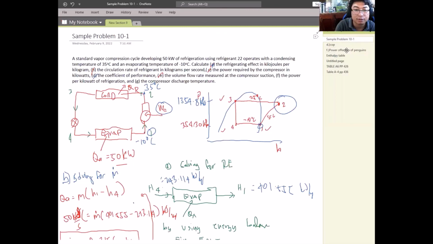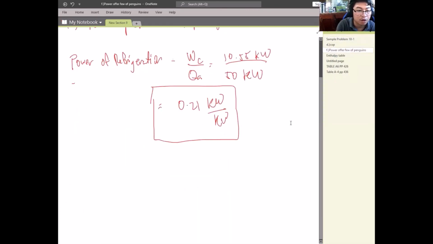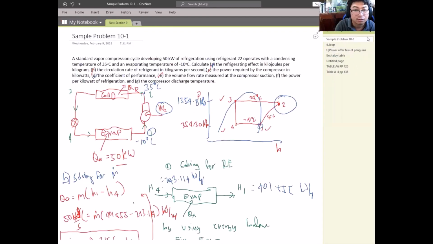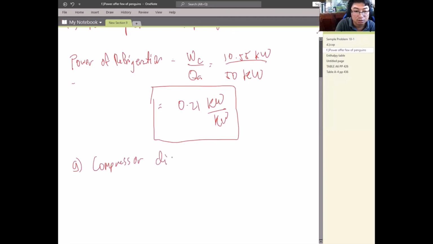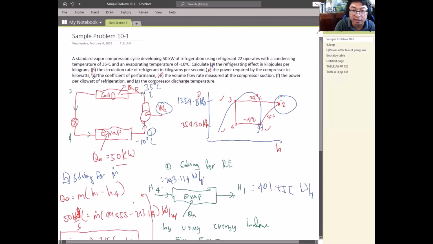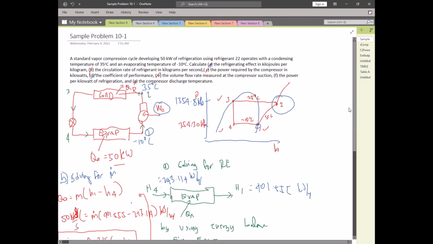So lastly, letter G, the compressor discharge temperature. The compressor discharge temperature is at point 2, so we need to find T2. In this point, it is the temperature discharge of the compressor itself.